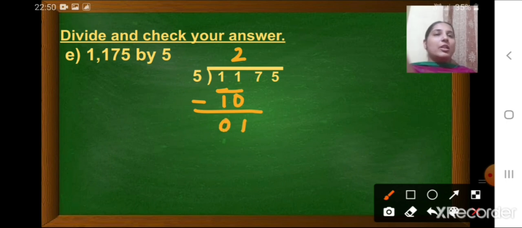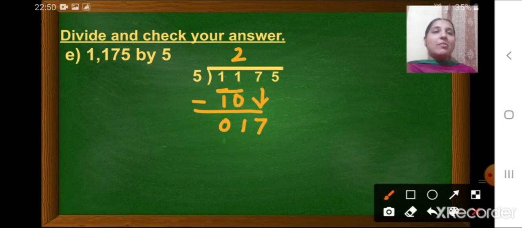We'll subtract: 1 minus 0 is 1, 1 minus 1 is 0. Now this 1 is smaller, so what will we do? We will bring down the next digit from the dividend, which is 7 here. So now we have 17. 5 2 times is 10, 5 3 times is 15, 5 4 times will give us 20, which will be more than 17.